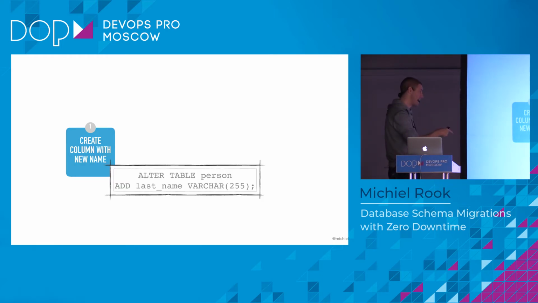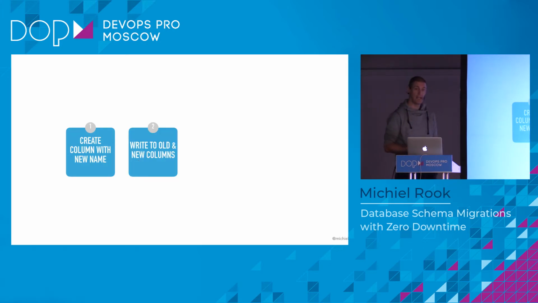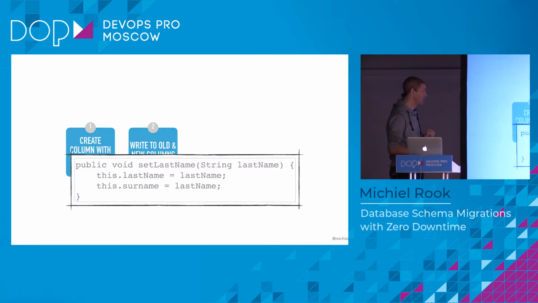So we're going to add last_name to our table. And notice that we are actually keeping it nullable. So we're not setting any defaults, we're keeping it nullable. Then we're going to write to the old and the new columns at the same time. So we're going to write to both surname and last_name at the same time.